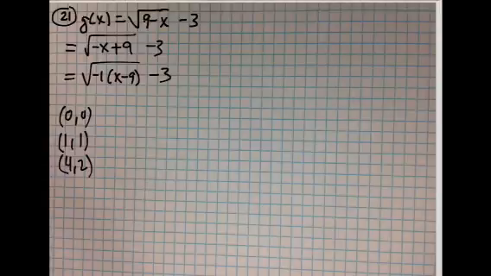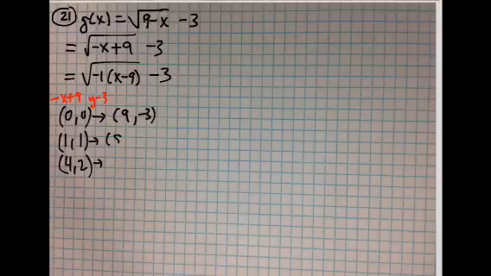So that still looks like negative x, and then we're going to add 9, because h is 9, and for the y's we're going to subtract 3. So opposite of 0, 9, plus 9, 9, and then 0 minus 3, and then opposite of 1, plus 9 is 8, and 1 minus 3, negative 2. Opposite of 4, negative 4, plus 9 is 5, and then 2 minus 3, negative 1.